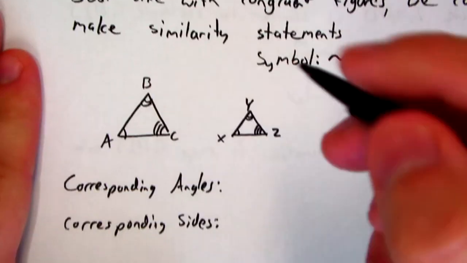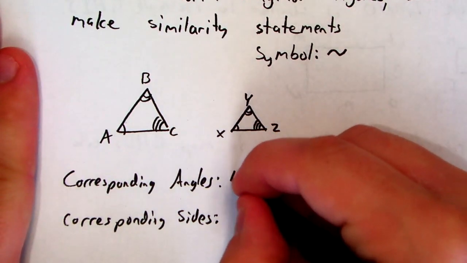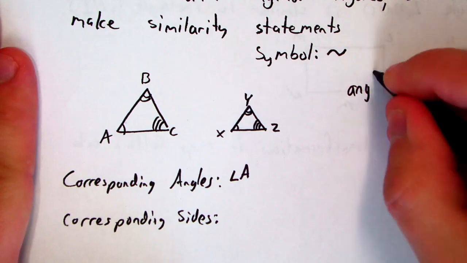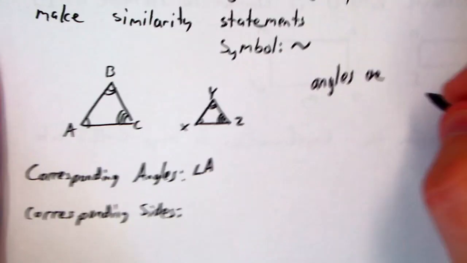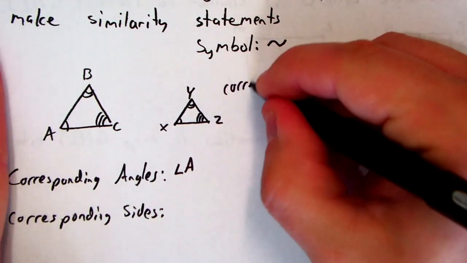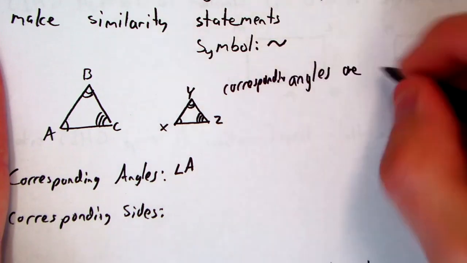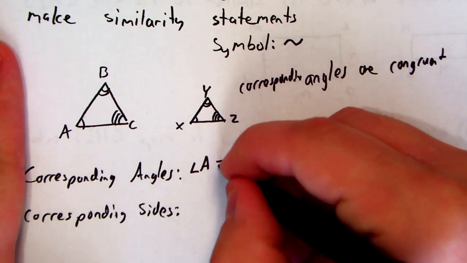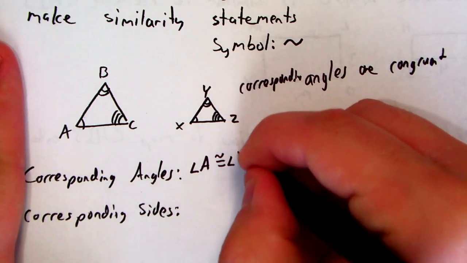So when we start talking about similar figures, the angles, let's put this down, angles, corresponding angles are congruent, which means these are going to be the same symbols as before.